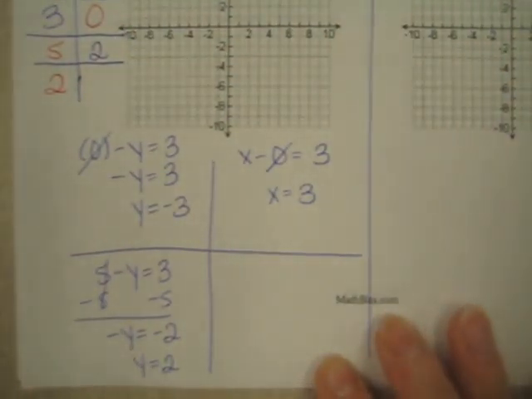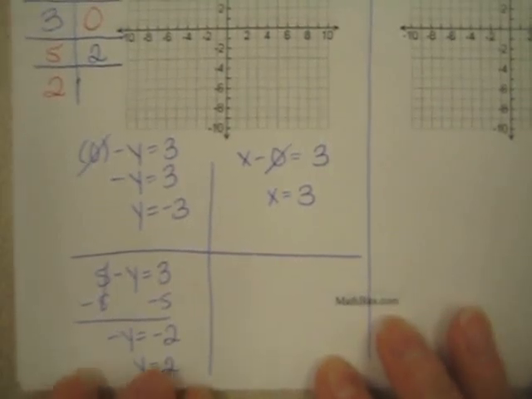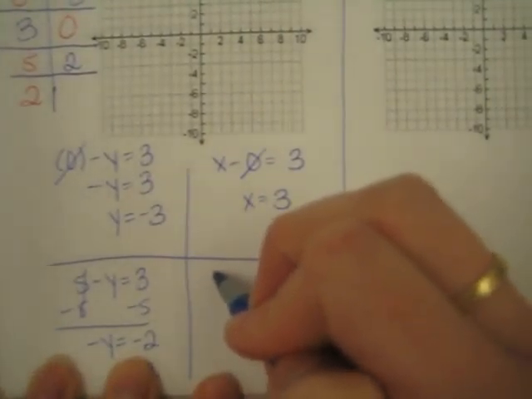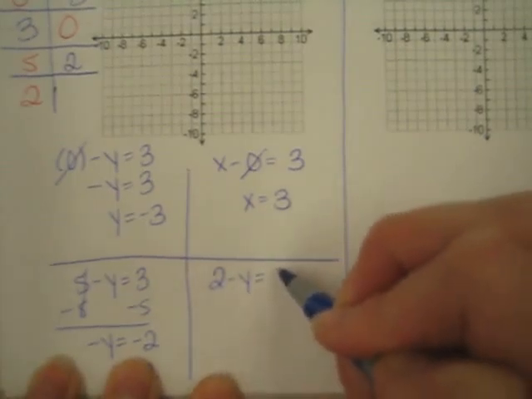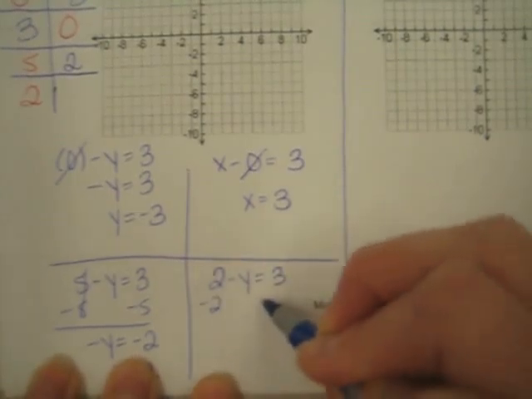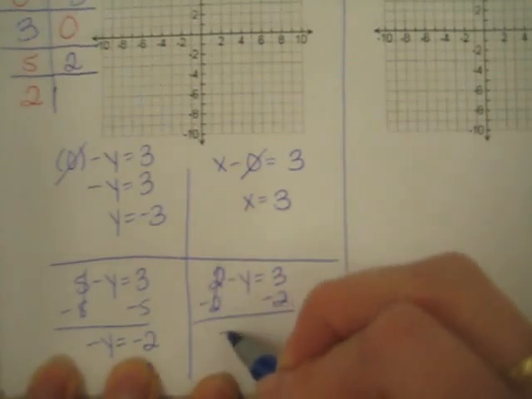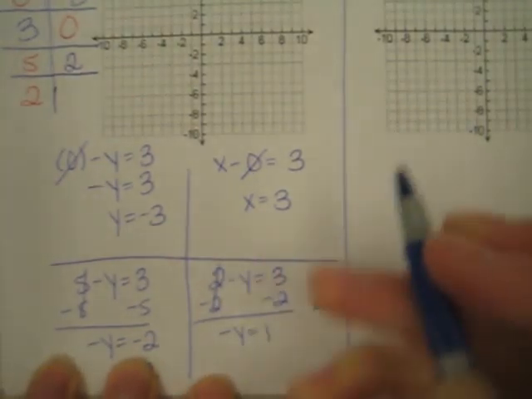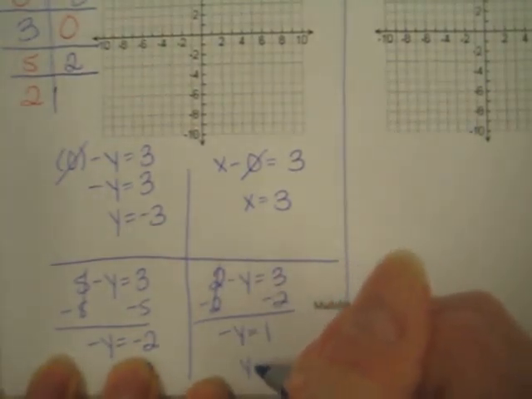So I plug that into my XY table. Last point, x equals 2. So I plug in x equals 2. Subtract 2. Negative y equals 1. Divide both sides by negative 1. I get y equals negative 1.